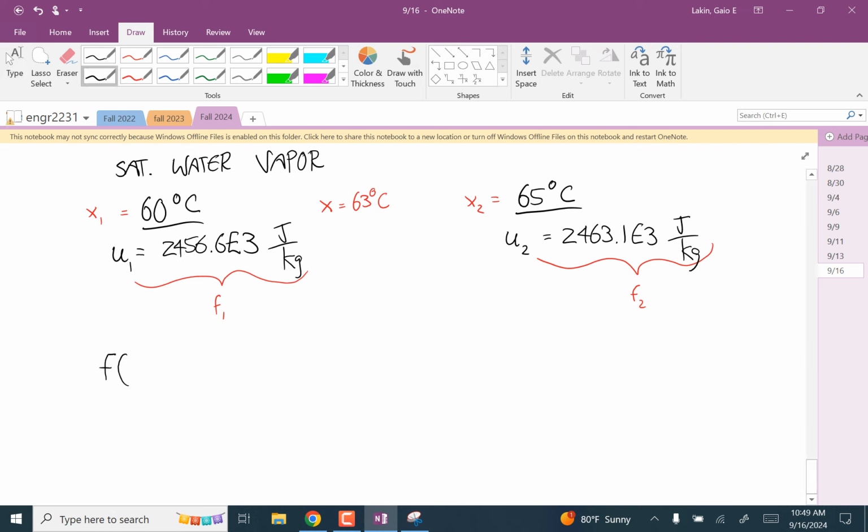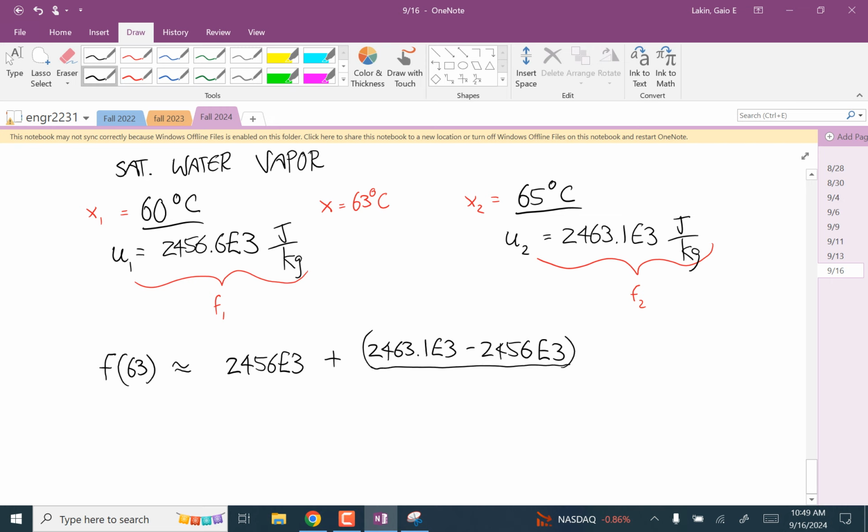So F at a temperature of 63 degrees Celsius is approximated by F1, 2456 times 10 to the third, plus, and now we have the slope of this thing, so that is 2463.1 times 10 to the third minus 2456 times 10 to the third divided by x2 minus x1, so that's 65 minus 60.